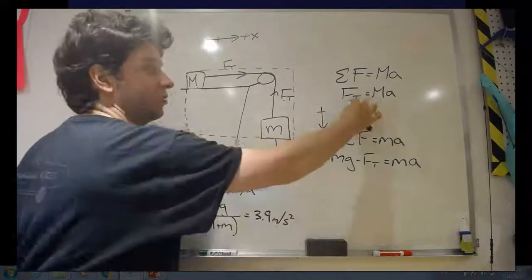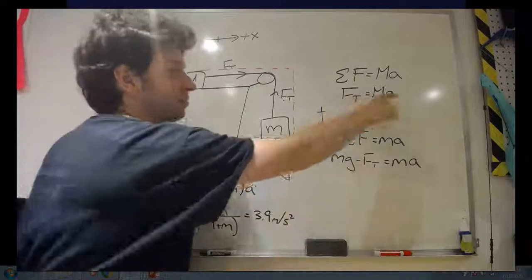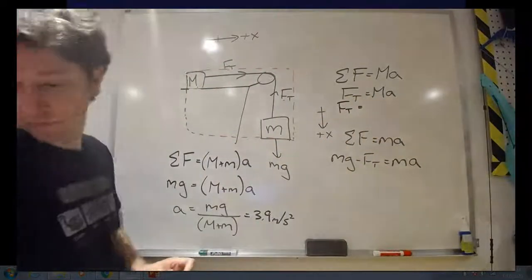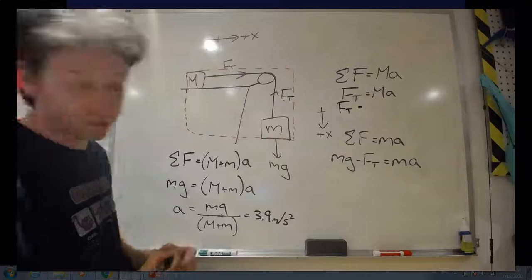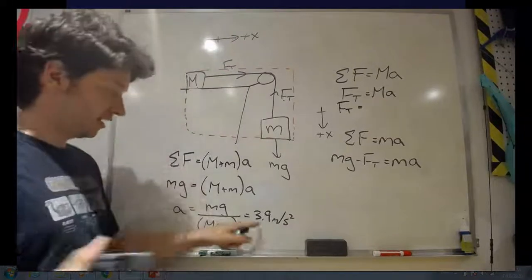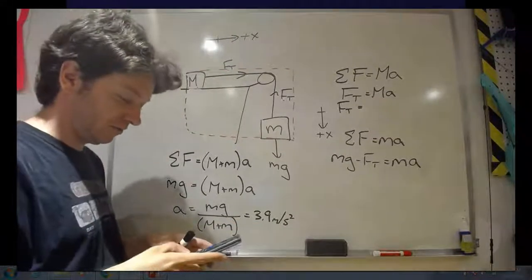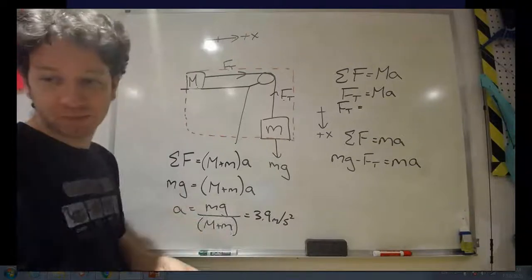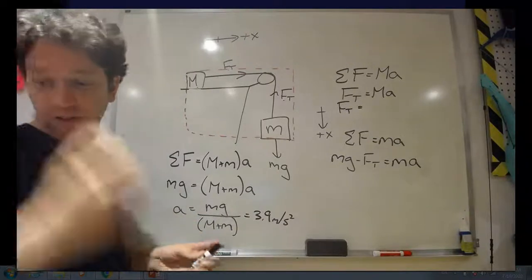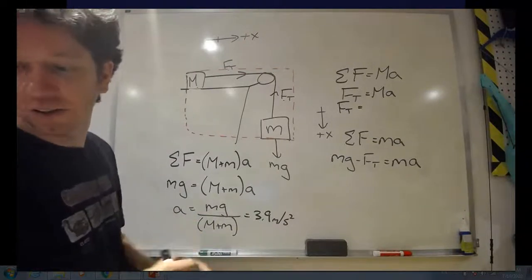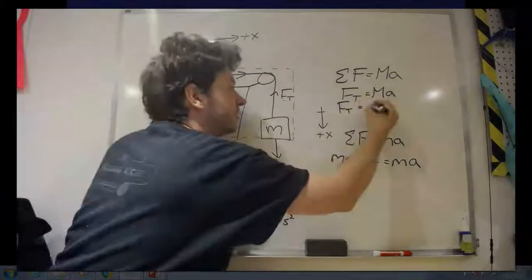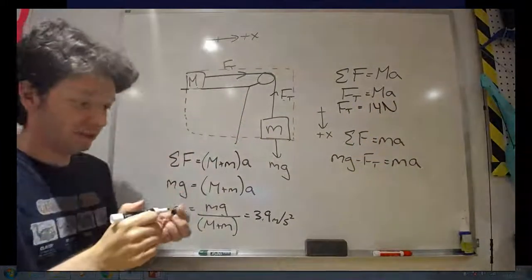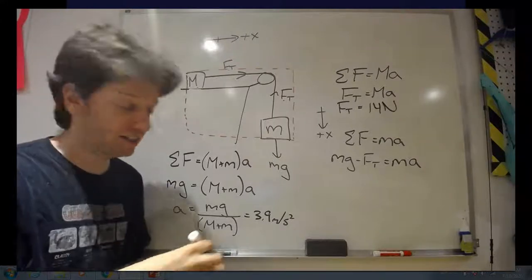If you do this equation, you just have tension equals big M times a, where big M is, what is it again? 3.5, and a is 3.9. So 3.5 times 3.9 we have 13.6. But we should have only two significant digits, so 14. There you go. And that's it for that question.